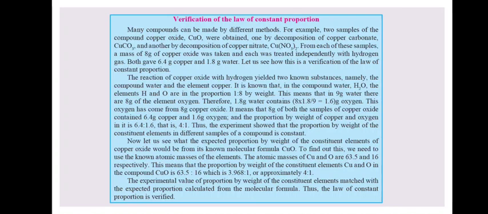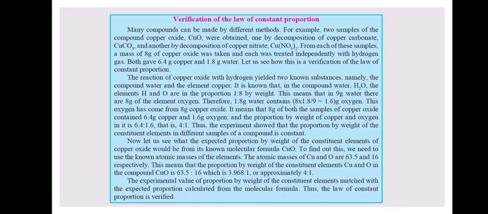So many compounds can be made by different methods, correct? For example, 2 samples of the compound copper oxide were obtained, one by decomposition of copper carbonate and another by decomposition of copper nitrate. Okay, what is formed? Copper oxide is formed by 2 methods.